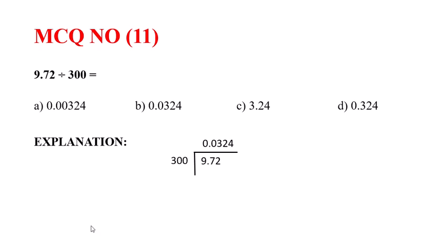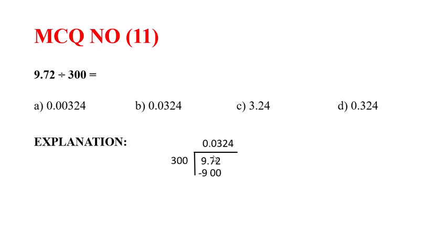So 3 here is 9, so we shift this point on right side, the first move and second move. So we move 2 points on the right side, so we put 0.0.